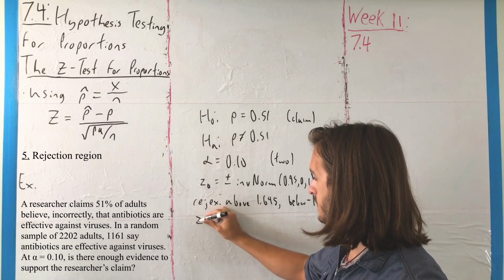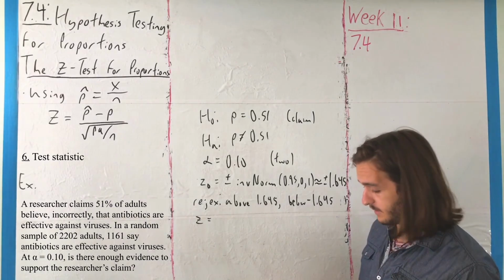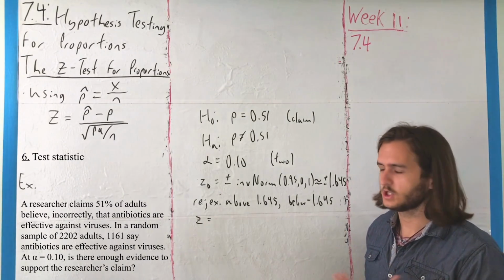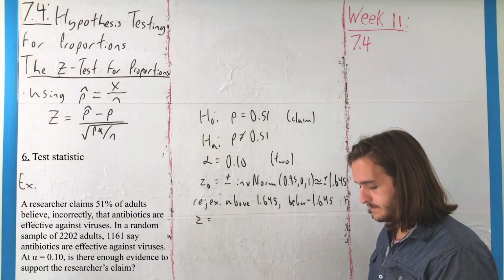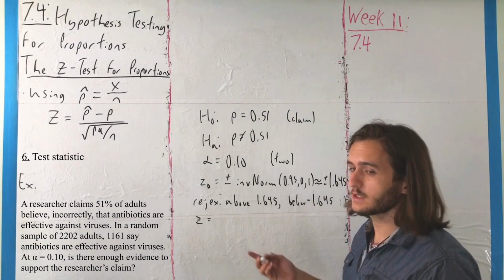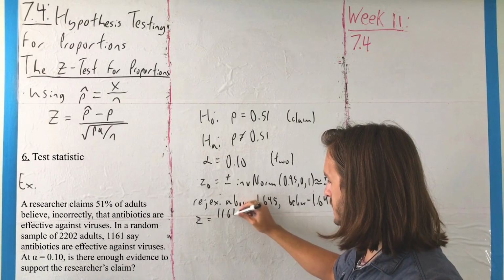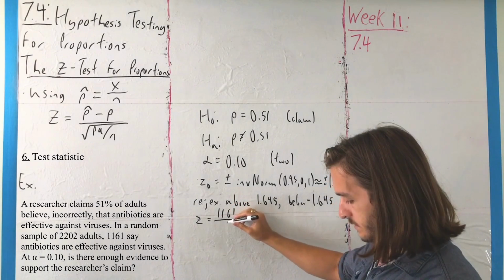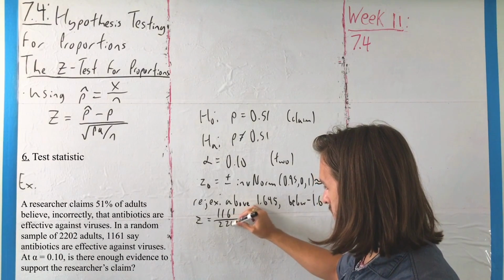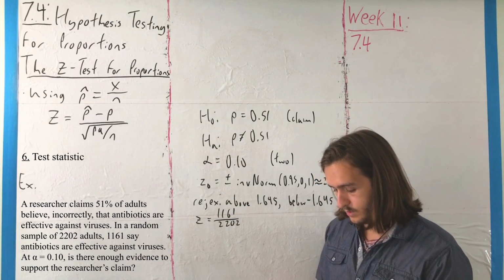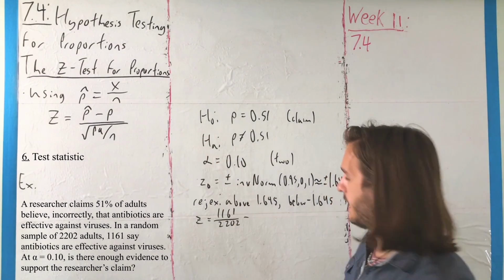From there, we do need our test statistic for the purposes of comparison, and I'm going to use some really rough notation here, but bear with me. In this case, we have a value for X, the number of people from their study, 1,161 over the total number of people in the study, 2202, where that is our p hat.